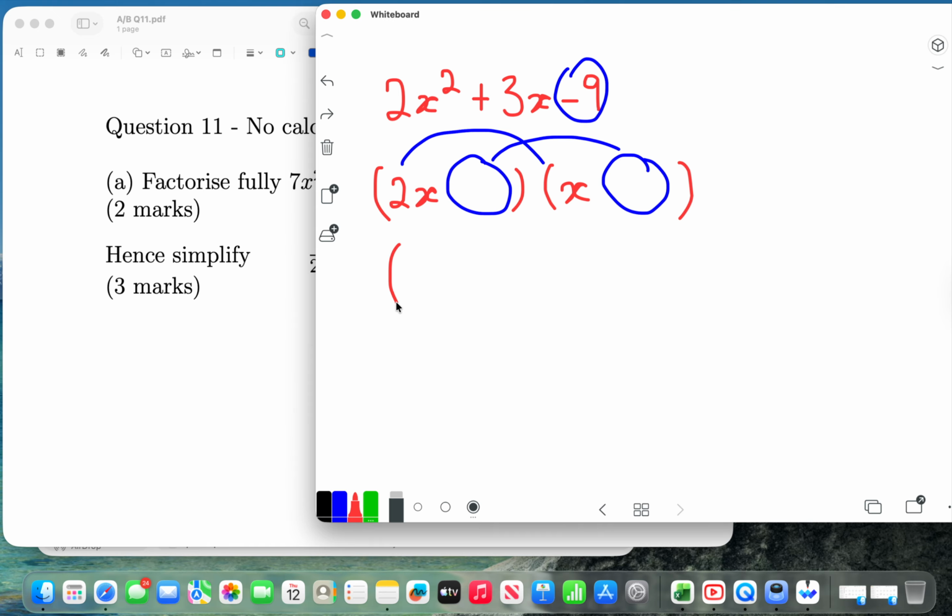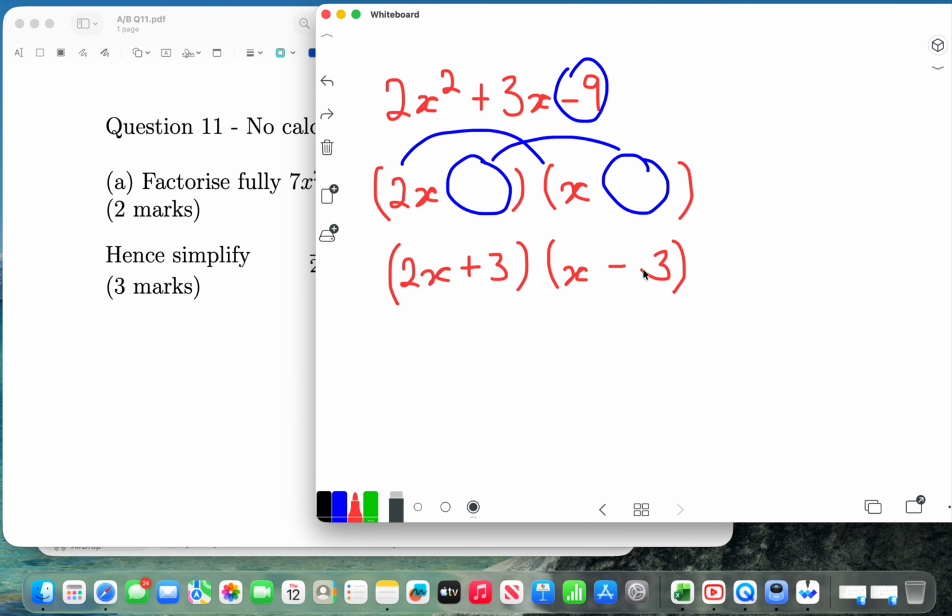So suppose we did something like, I don't know, a +3 and a -3, and they multiply to make -9.